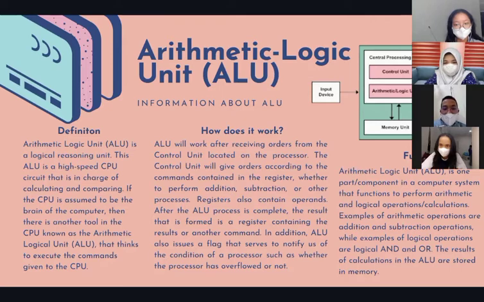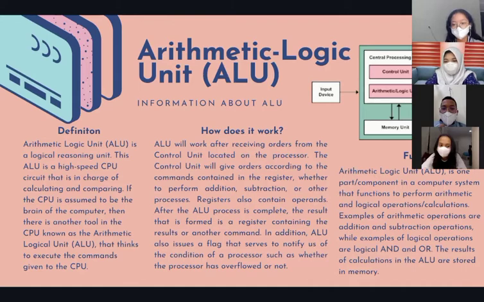Registers also contain operands. After the ALU process is complete, the result is formed in a register containing the results or another command. In addition, ALU also issues a flag that serves to notify us of the condition of a processor, such as whether the processor has overflowed or not.